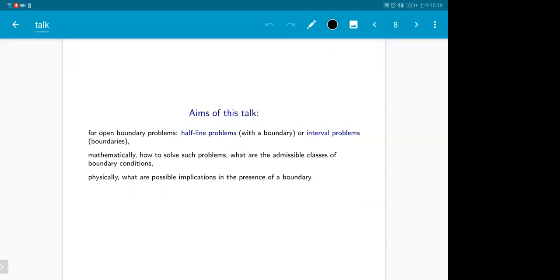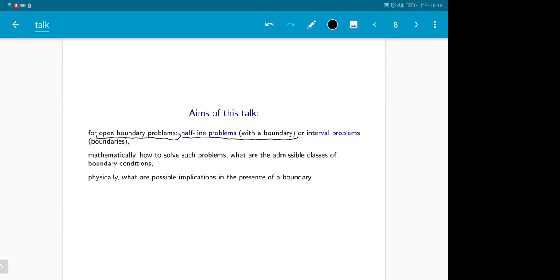Okay, so in this talk, I would like to deal with problems with a boundary, what we really call open boundary problems. So you have your space domain with a boundary. For two-dimensional PDEs, you have either half-line problems, so you have one boundary, or interval problems, so your space variable is restricted to an interval.